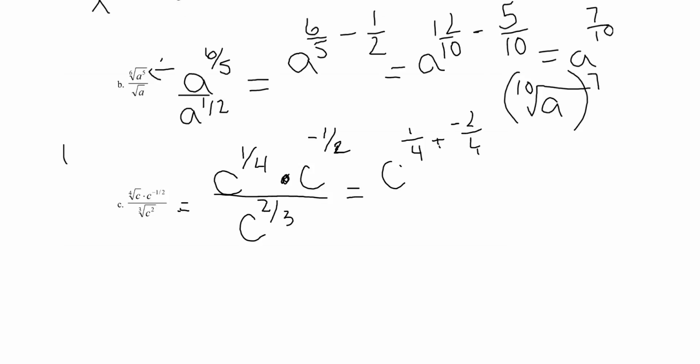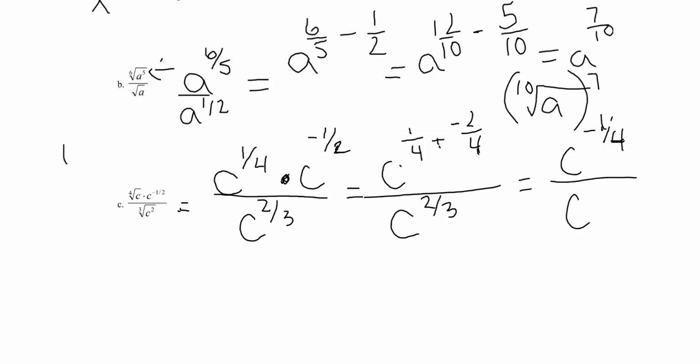Because again, I made it have a common denominator. And that's still over my C to the 2/3. I haven't gotten rid of it. I'm just not using it yet. Okay, when I add, I'm going to get C to the negative 1/4 power on the top. And again, I still have my C to the 2/3 power on the bottom.